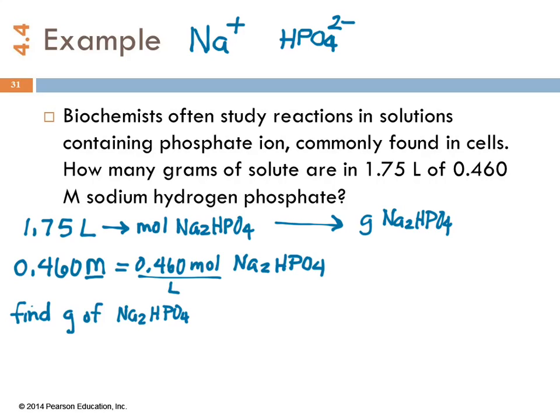So now we'll just employ dimensional analysis, 1.75 liters times, equals. Liters to moles to grams, liters to moles to grams. I'm going to be a little sloppy here. Put liters down here to cancel out.